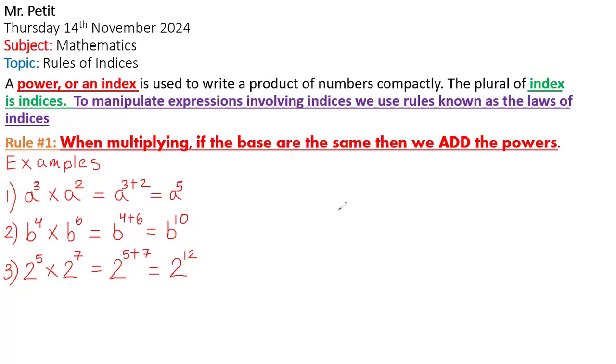Okay, let's move on to number 4. Let's say we have 5 to the power of 3 multiplied by 5 to the power of 8.